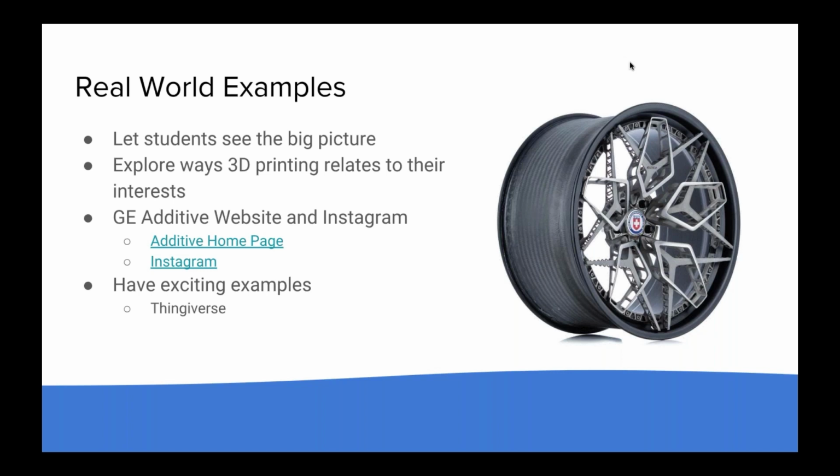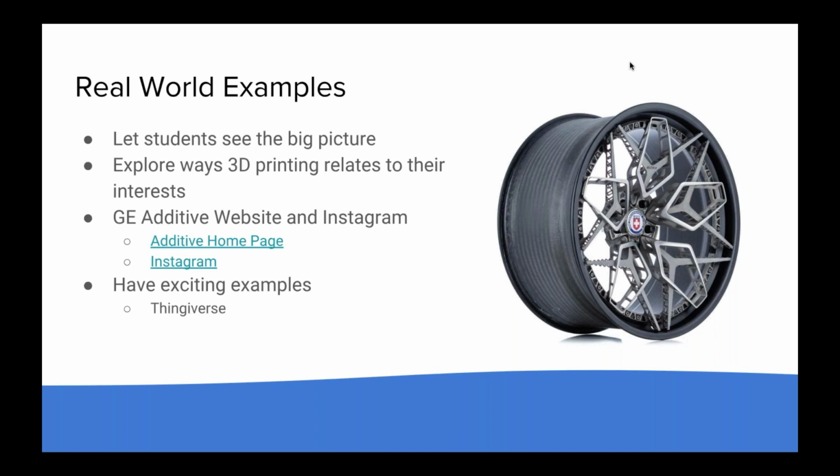A great example is the wheel that we have on the right-hand side of this slide. That's a metal 3D printed wheel that was done by GE Additive in cooperation with a wheel company called HRE. And this is exciting for a couple different reasons. The big one being that the power of 3D printing and the beauty behind it is really on display with this wheel.